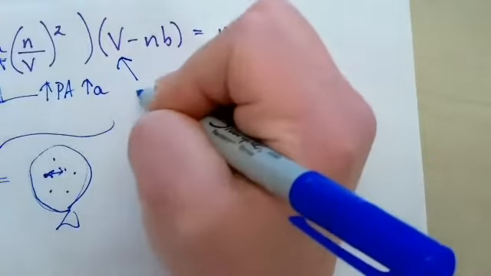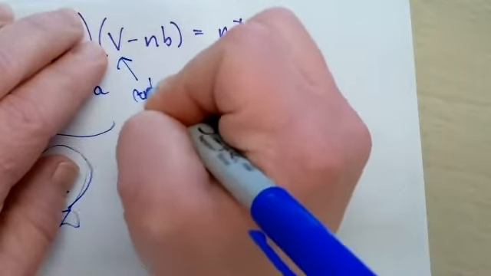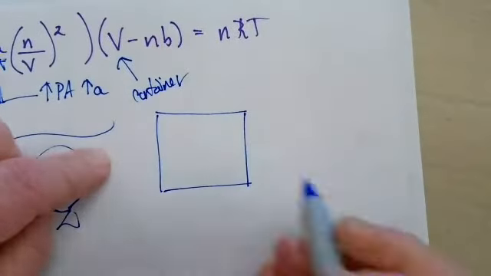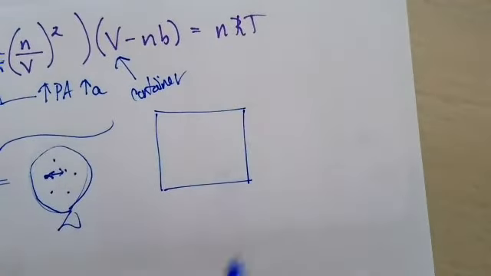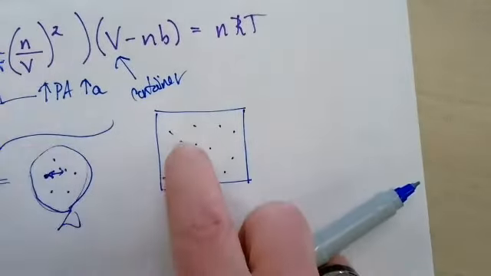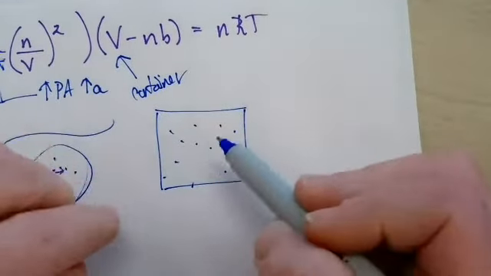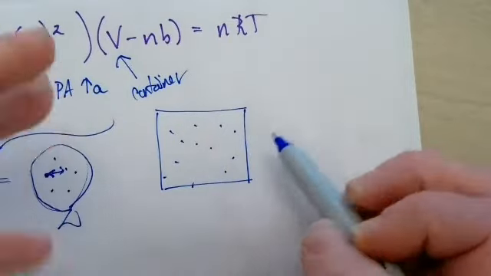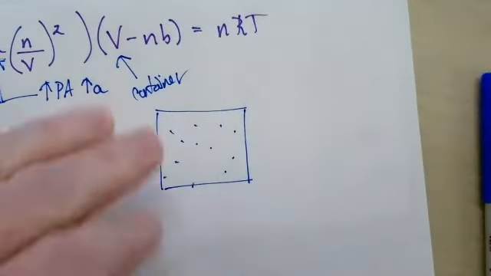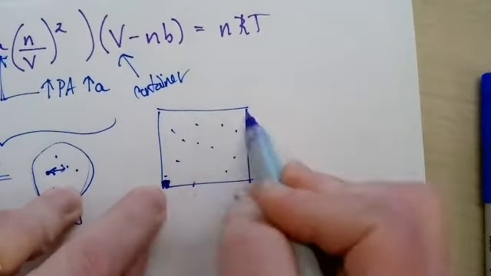Well, remember, this is the observed, the measured volume. This is the volume of the container. Now, we ignore particle volume because we say, there's so much empty space in a gas that really we can negate the actual volume of the particles. Well, when we're at low pressure, probably if we would collect all of these, probably the volume of the actual particles would just be this compared to the volume of the container.